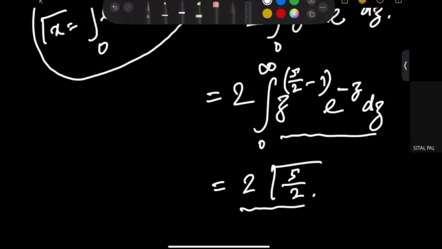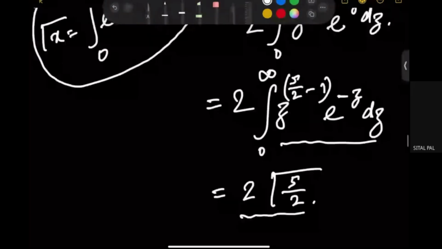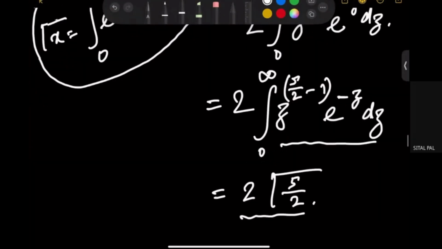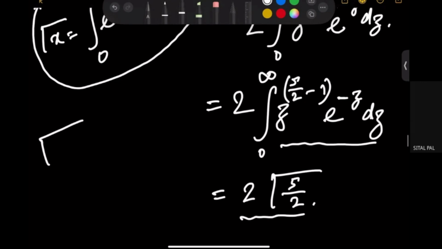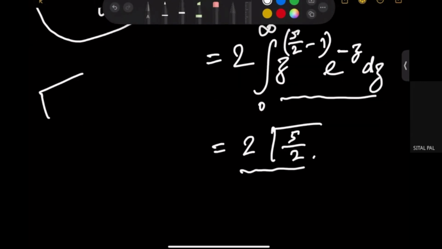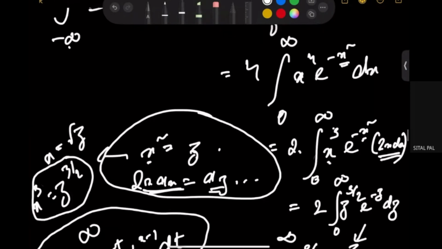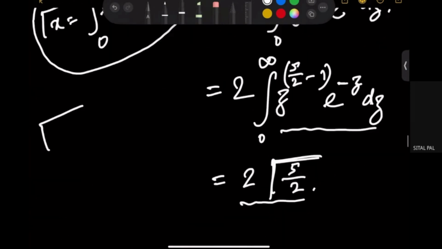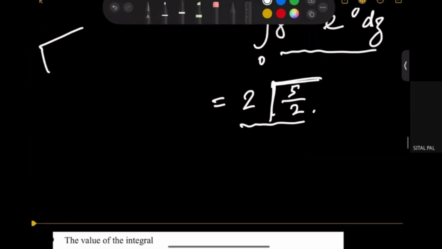Yes. Okay, sir. Okay, so we have gamma 5 by 2. Now, the next step, tell me what you would do next. How do you find gamma 5 by 2? How would you go to the next step?